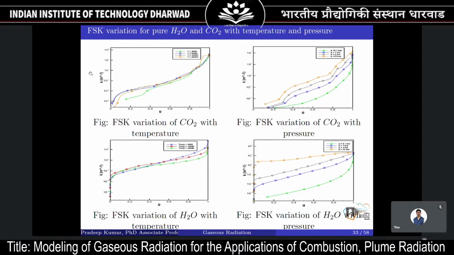We are taking the range of temperature variation at a pressure, and the graphs for H2O and CO2 basically mix with each other, starting from 0 to the maximum value, but with respect to pressure they have a different nature, and the graphs are totally distinguished.